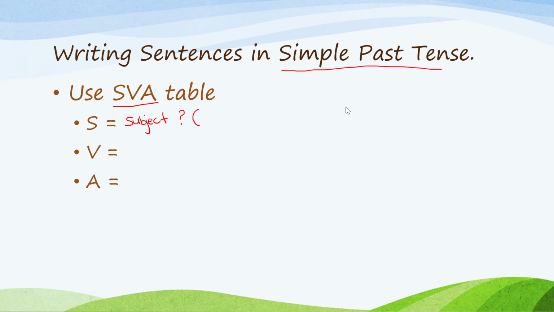Subject adalah, okay, orang yang melakukan. Who? Siapa yang buat? Atau what? Apa yang buat? Dalam bahasa Melayunya, kita boleh kenali atau kita boleh kenal pasti S sebagai pelaku.